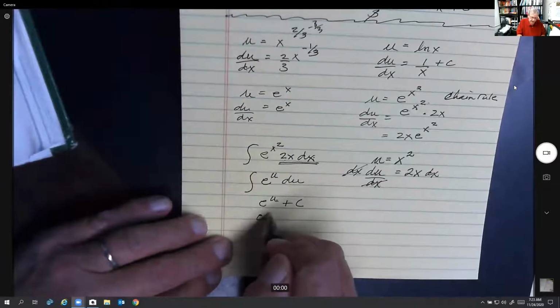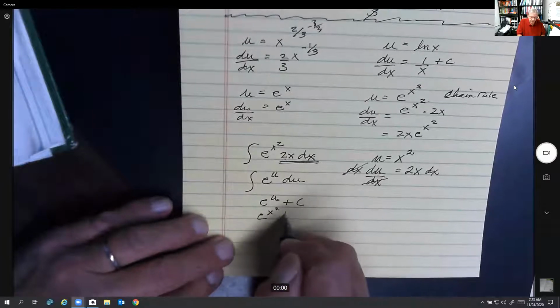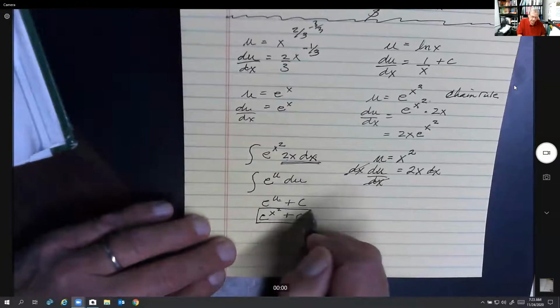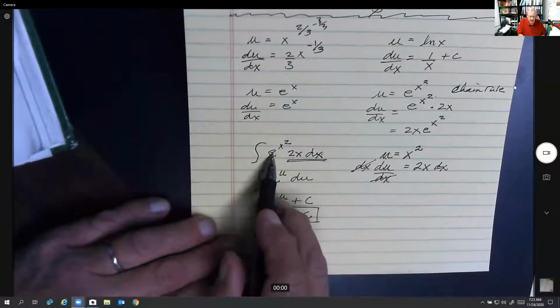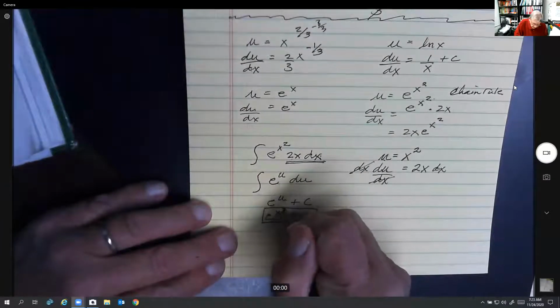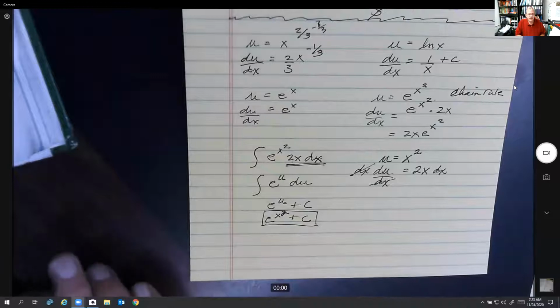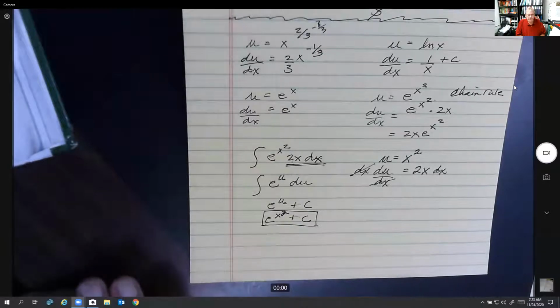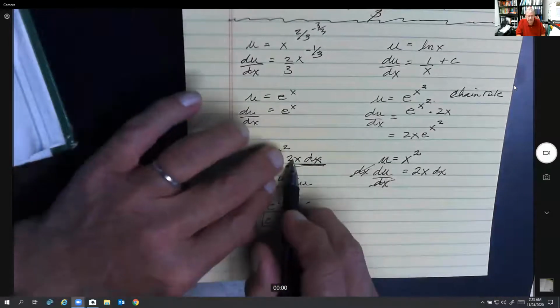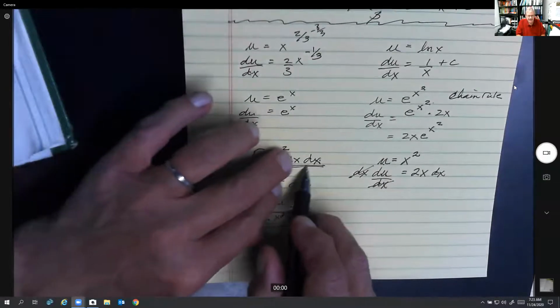And we get e to the x squared plus c. And this is the integration of e to the x squared 2x dx. It's e to the x squared plus c.